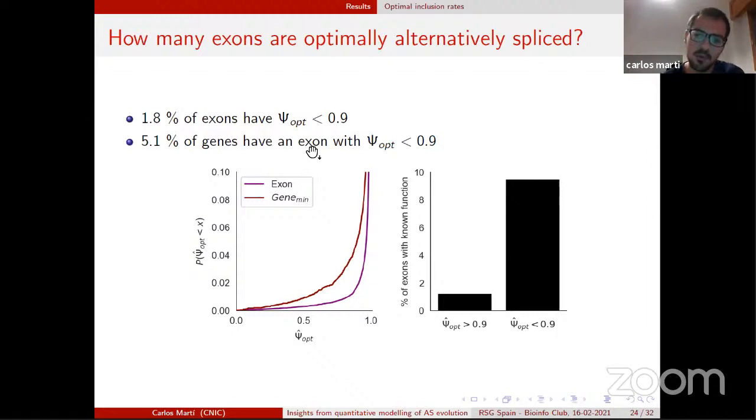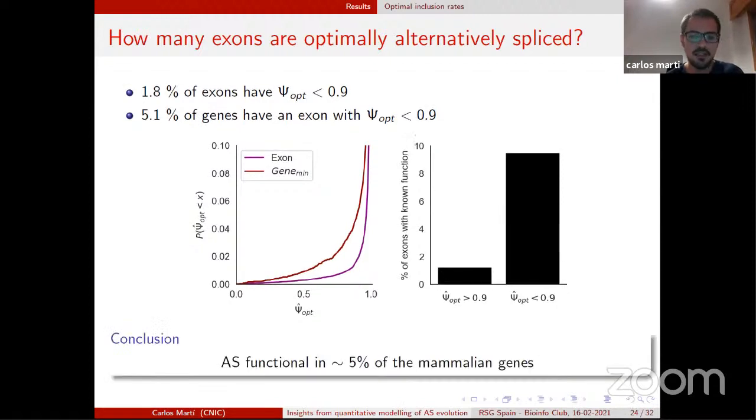And when we cross this data with our data set, what we see is that those exons that have an optimal inclusion rate below 0.9 are strongly enriched in exons that have an annotated function, suggesting that our analysis makes some kind of sense, and that overall, alternative splicing may be functional only in about 5% of the mammalian genes, and not a general thing across the whole transcriptome.